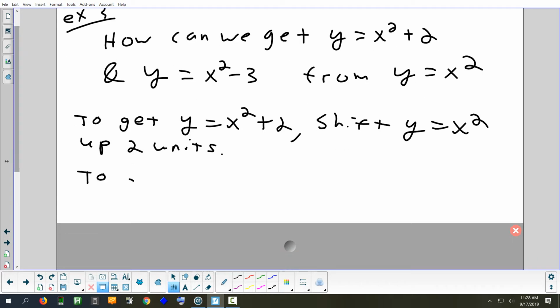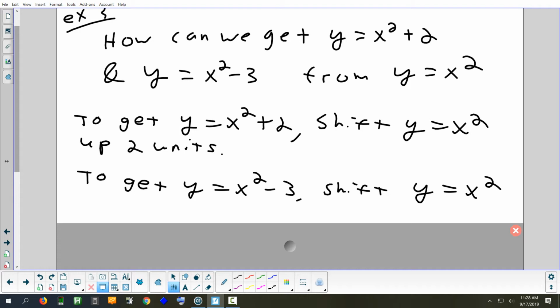And then to get y equals x squared minus 3, you want to shift the original. The original is a lot of times called the parent function. The parent function is just the simplest version of what you're doing. The simplest version of what we're doing today, which is graphing parabolas, is y equals x squared. It's the most basic one you can have. So shift the parent function down 3.